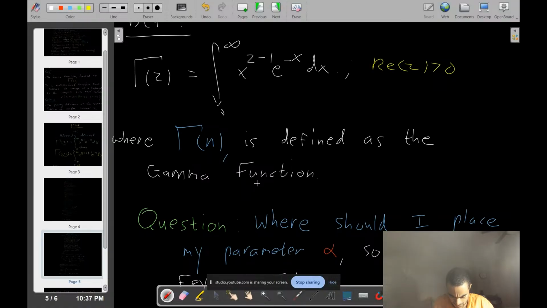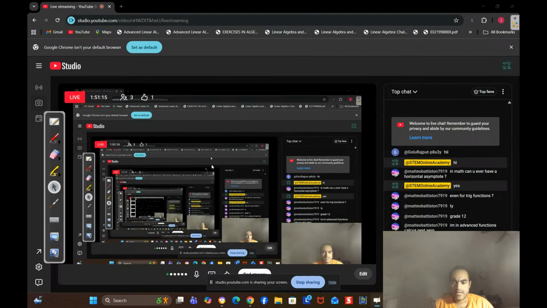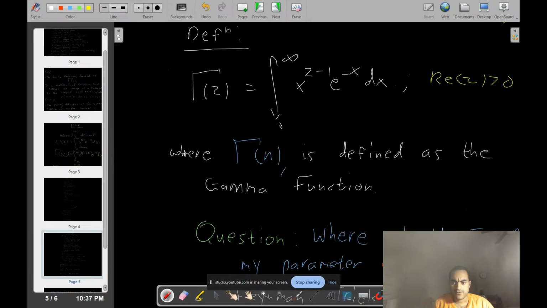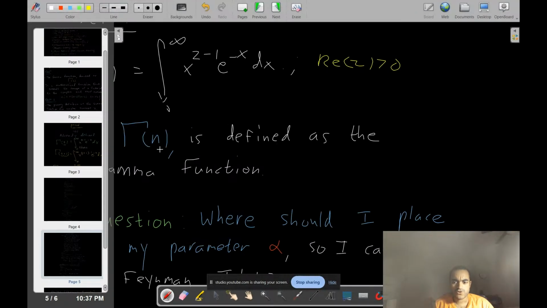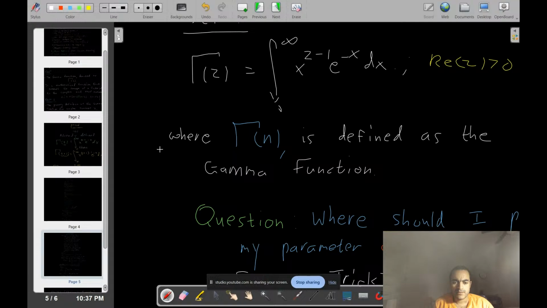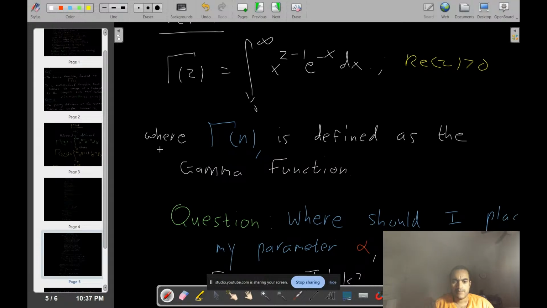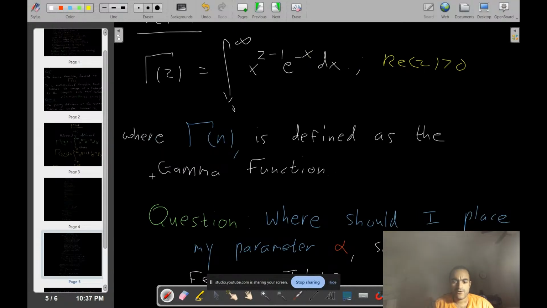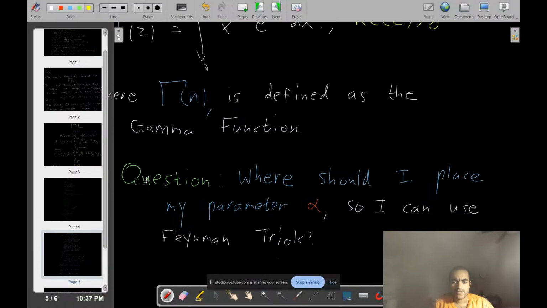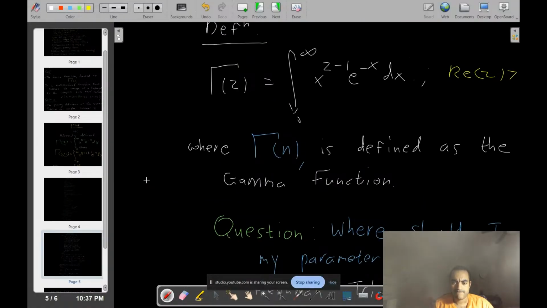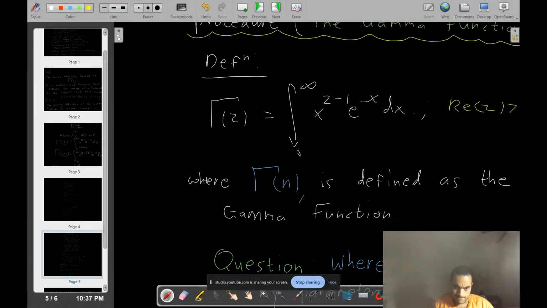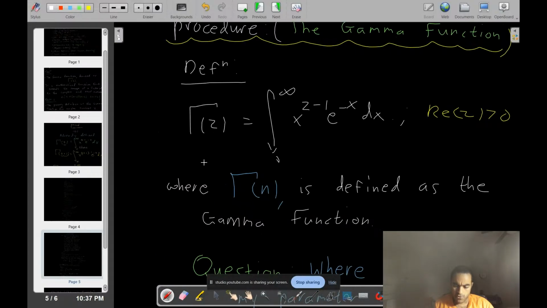Is anyone else coming in that knows about the gamma function? Where should I place my parameter alpha so I can use the Feynman trick? Where can I place my alpha?